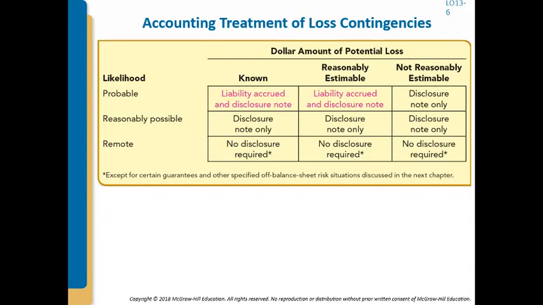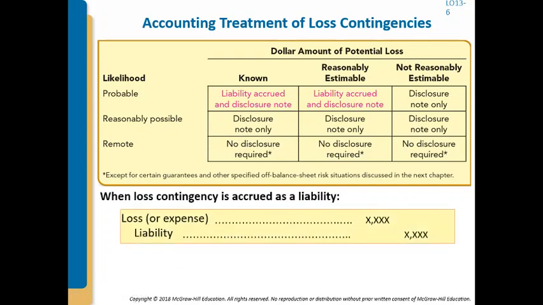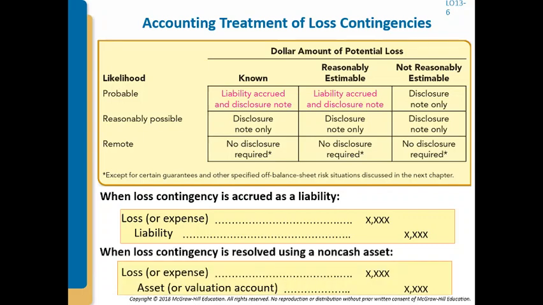And if it's remote, whether it's known, reasonably estimable, or not reasonably estimable, no disclosure is required. And so you debit a loss or an expense account, such as a warranty expense or something like that, and credit a liability because you're going to pay it in the future.